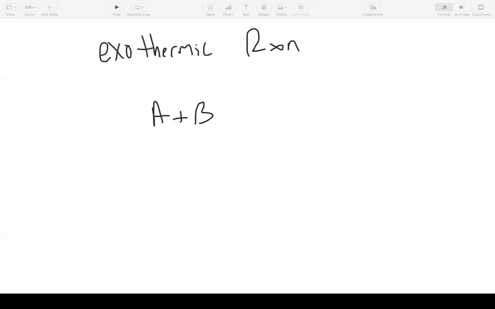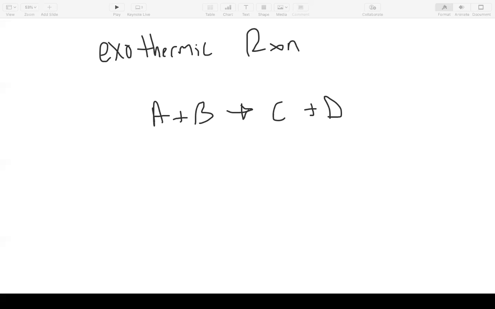Let's say I have an exothermic reaction, and we do A plus B yields C plus D. If I were to take away heat from this system, where would the shift be?